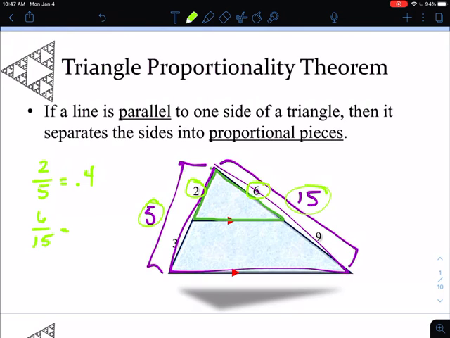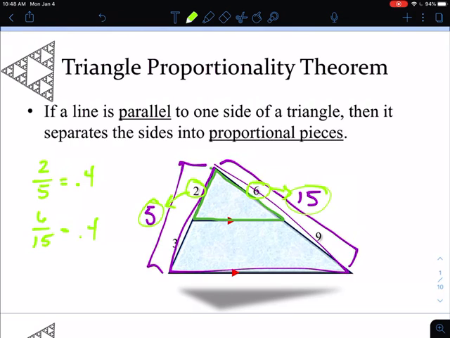So if I take 6 over 15, and again I could plug that in my calculator, 6 divided by 15 gives me 0.4. So the other thing to notice here is that you have a small triangle similar to a bigger triangle, which is exactly what we've been talking about this entire chapter. So the sides have to be proportional to each other, 2 to 5 and 6 to 15.